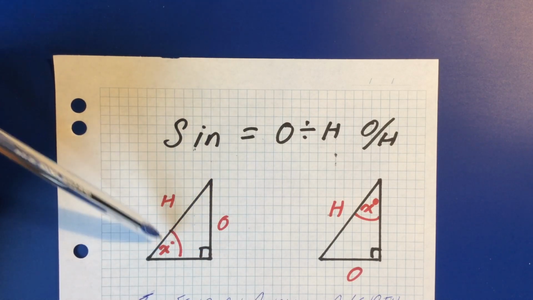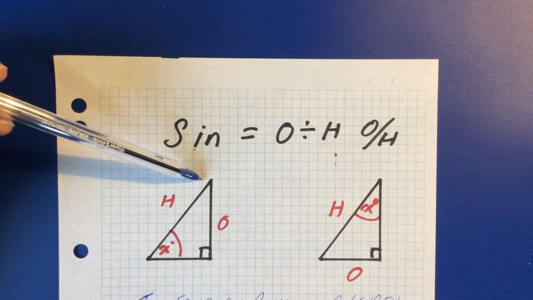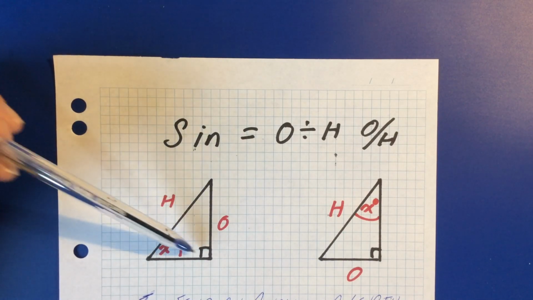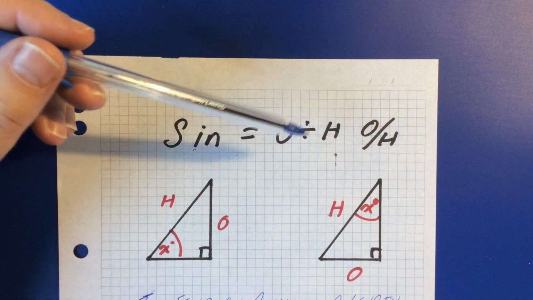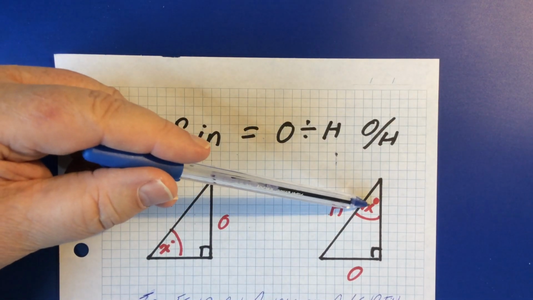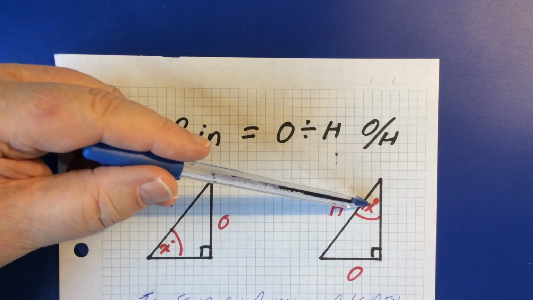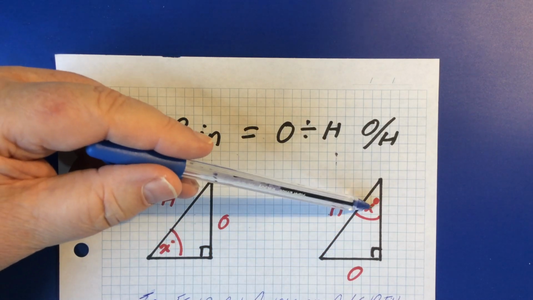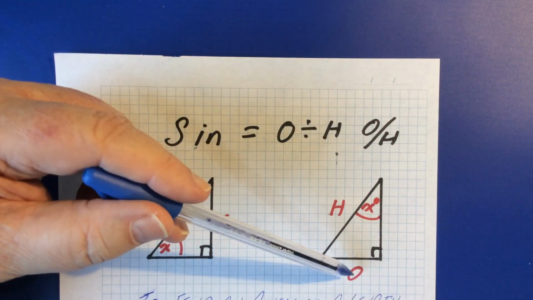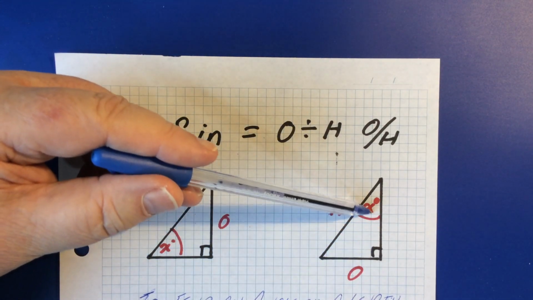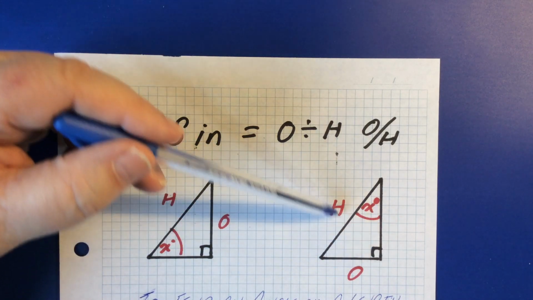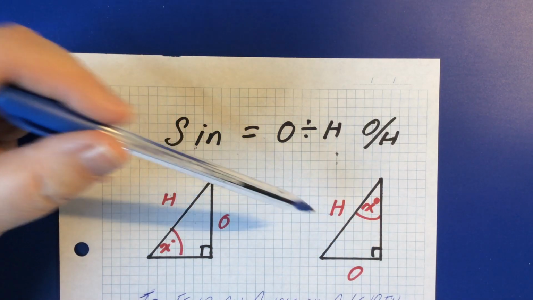The hypotenuse is the sloping side, and we're dealing with right-angled triangles. When the angle moves within the triangle from here to here, which is its only option, then this side becomes the opposite. It is not touching that angle. The hypotenuse remains the same.